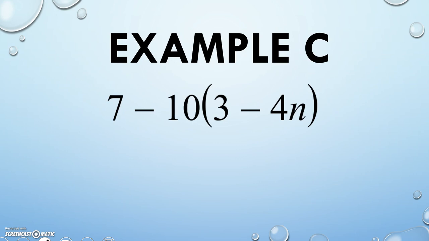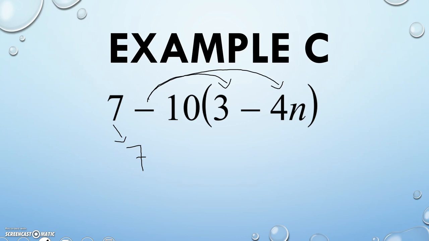Okay, now this one we have a term on the outside of the parentheses, and then we actually have two terms on the outside of the parentheses. We always want to distribute the one right next to the parentheses. So this 7 is just going to come down, and then we're going to distribute a negative 10, because remember a minus is like a negative, to the 3 and the negative 4n.